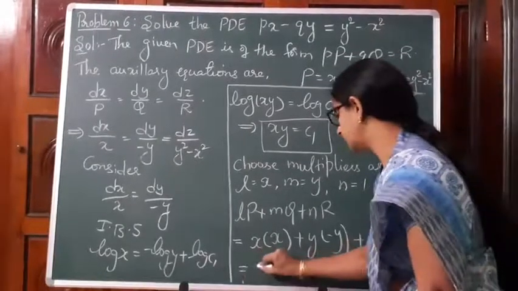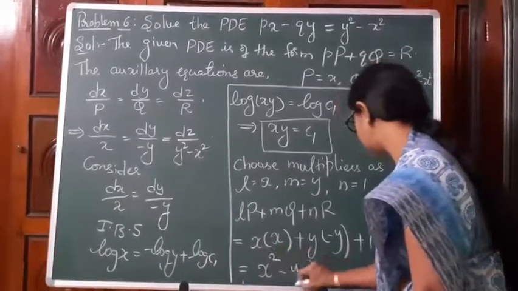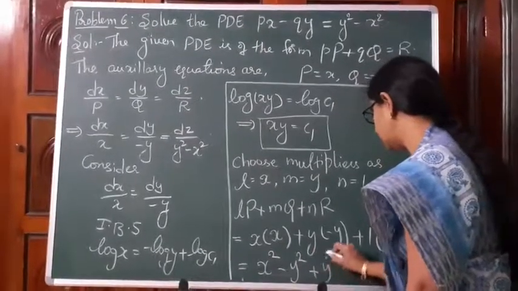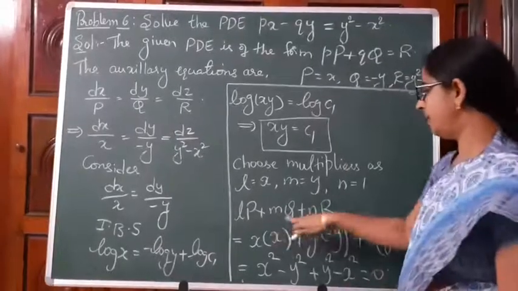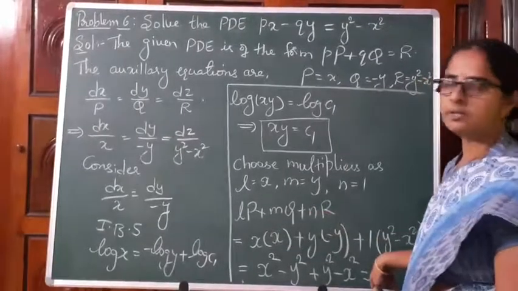So this gives x square minus y square plus y square minus x square, which is equal to 0. Therefore lP plus mQ plus nR is equal to 0.